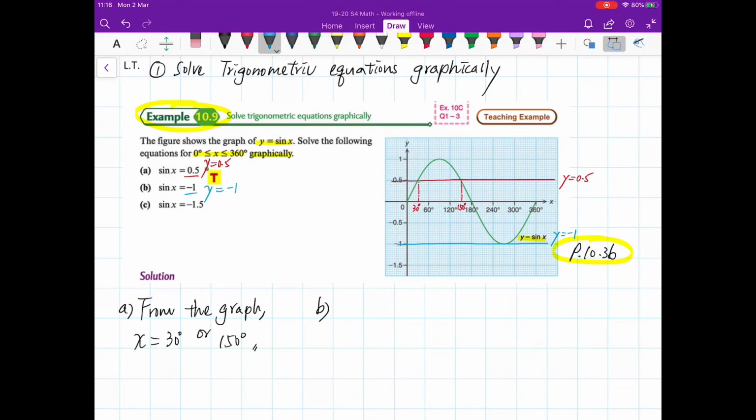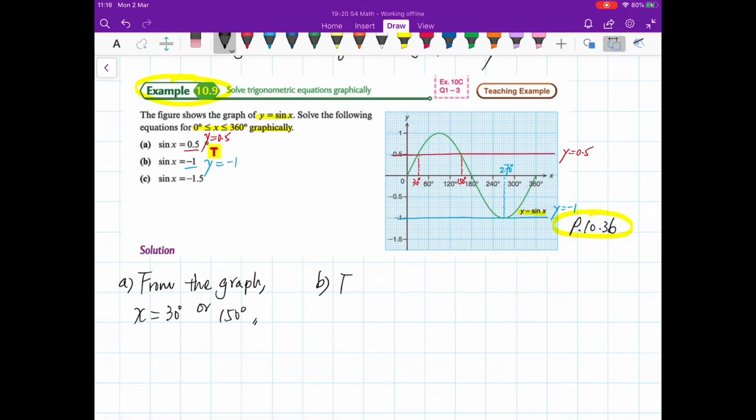And then I have to read. Okay, according to the intersection, we know that the value of x is 270 degrees. Okay, then we can draw the conclusion from the graph. x equals 270 degrees.